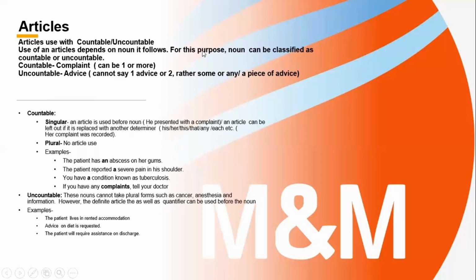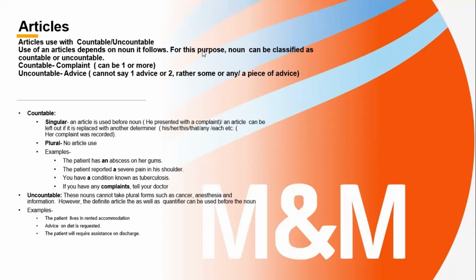Now we have the use of articles. Articles such as a, an and the can be used in your letter writing, and their appropriate use can help you lift your score in OET writing. So, first of all, a countable singular noun can take a before it.